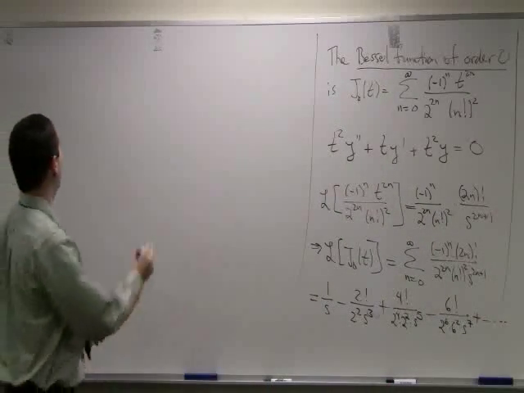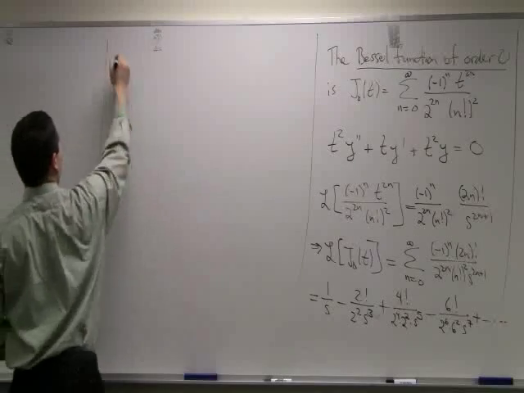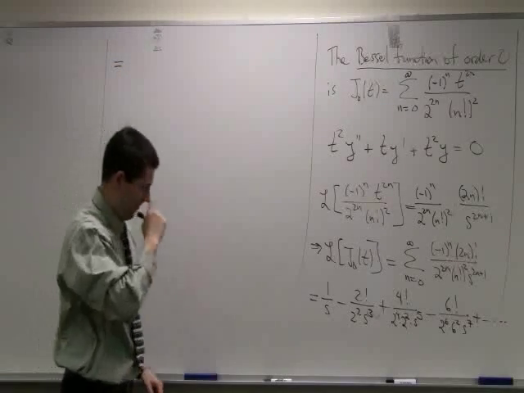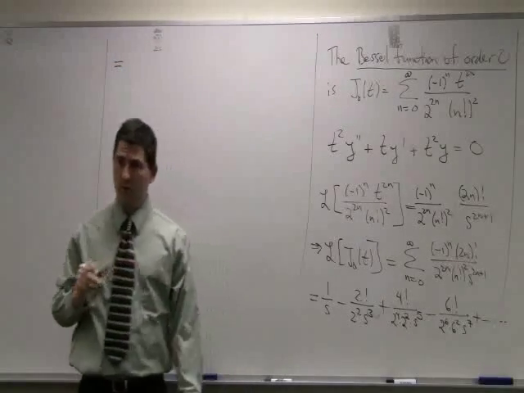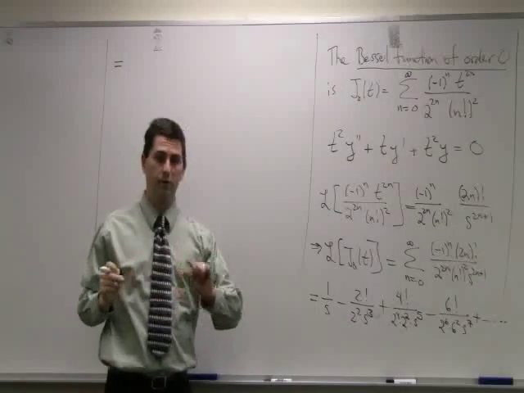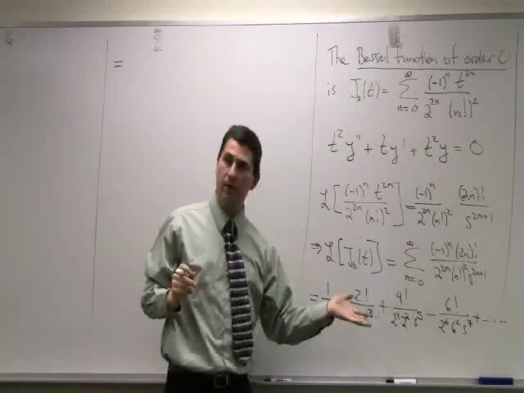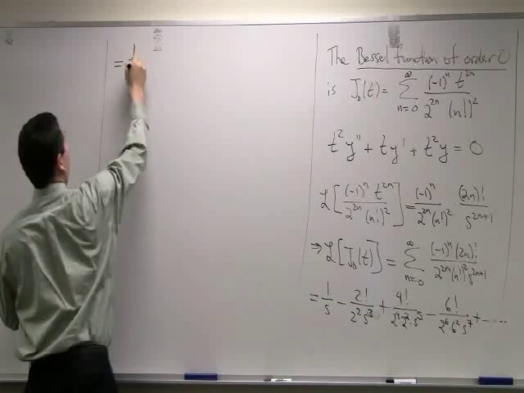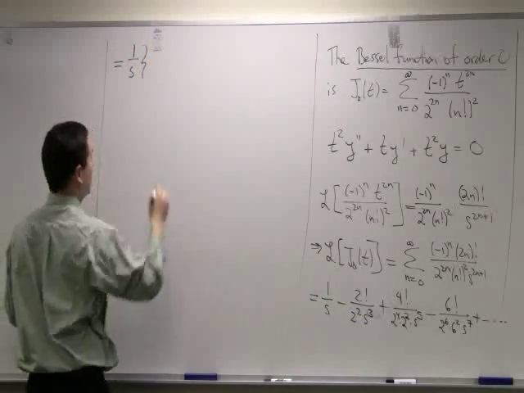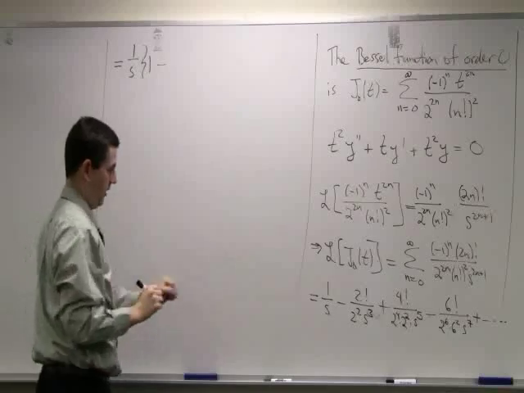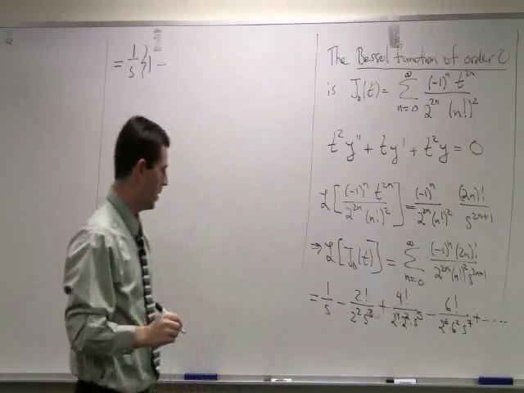Okay, so what can I do with this? Well, the first thing I want to do is, this is very similar to a trick we were pulling last week. There's a 1 over s I can pull out of everything. All right, so I get a 1 minus, okay, so this is going to become an s squared.